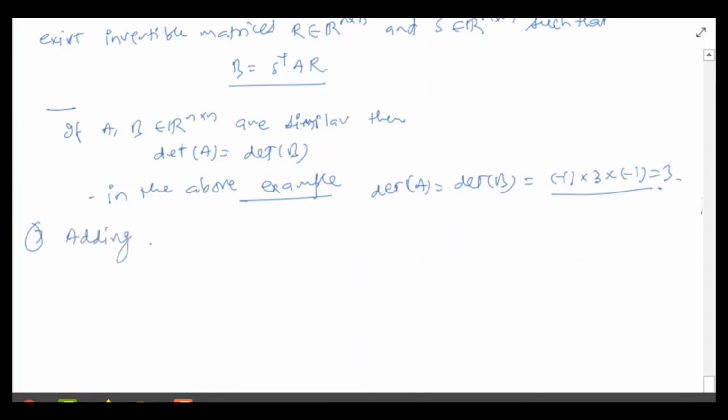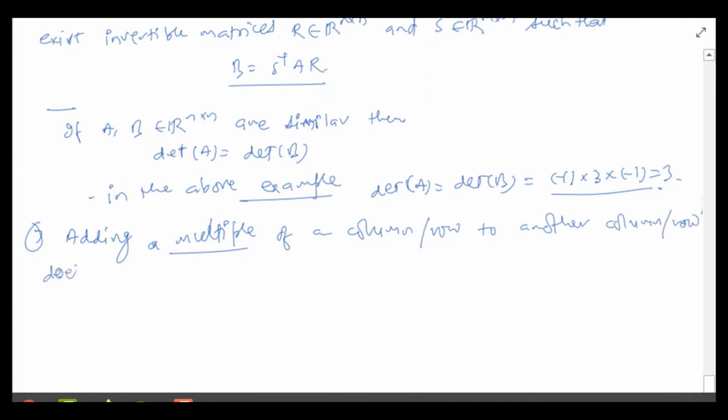Adding a multiple of a column or a row to another column or row does not change determinant of A.